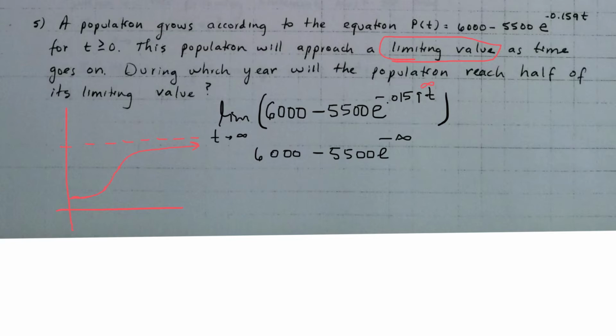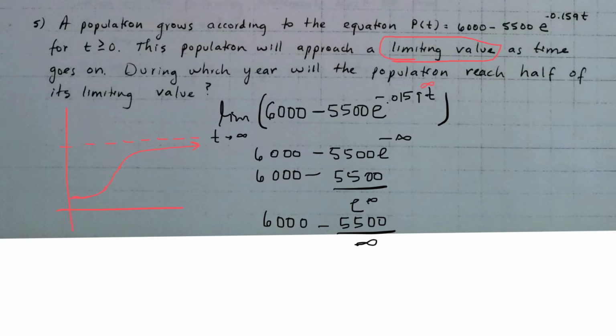And what does that do to the expression? Well, negative exponents, remember, just rewrite them as positive exponents. So this is over e to the positive infinity. And e to the positive infinity is a large number. So we can just say that's infinity.